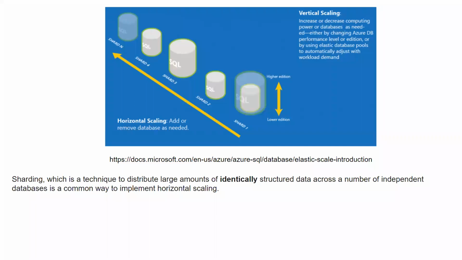What would be an example of vertical scaling? Or actually, I should use a better word for it, vertical partitioning, let's say. Across columns.